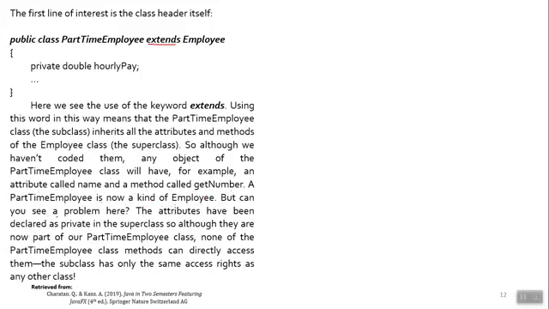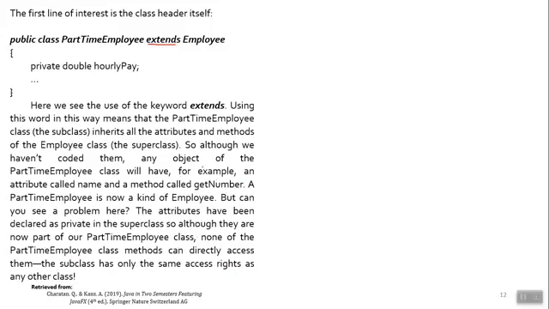But can you see a problem here? So that's the question. Can you see a problem here? The attributes have been declared as private in the employee class. Okay? So although they are now part of our part-time employee class, none of the part-time employee class methods can directly access them. Okay? So the subclass has only the same access rights as any other class.